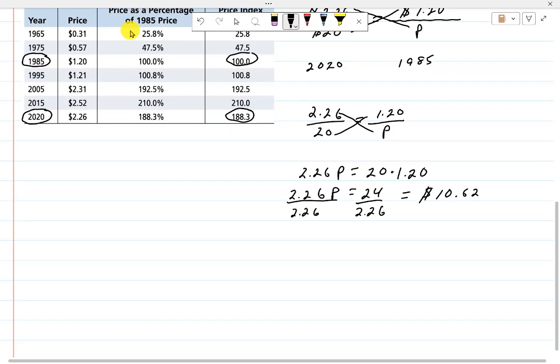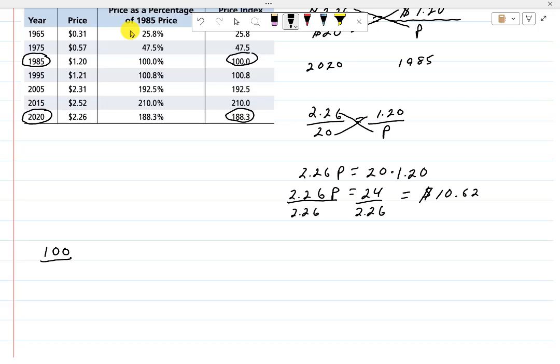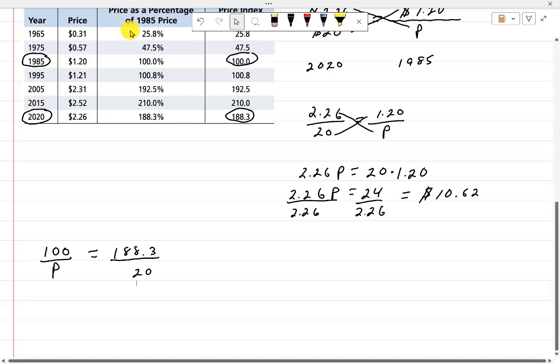I could set up 100 divided by, in 1985, we don't know what the price was. But then in 2020, we have the index value 188.3, and we know that we paid $20 back then. And once again, I'll drop the dollar sign and I'll add what I need to at the end.